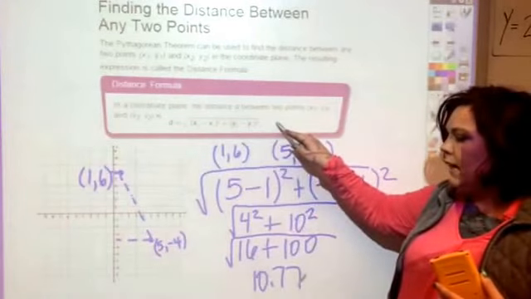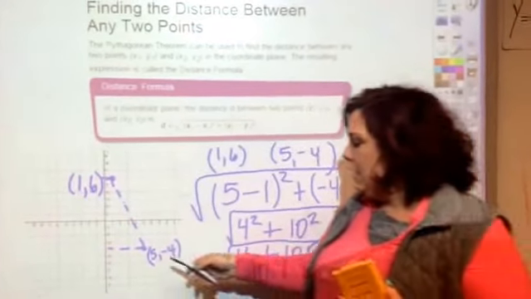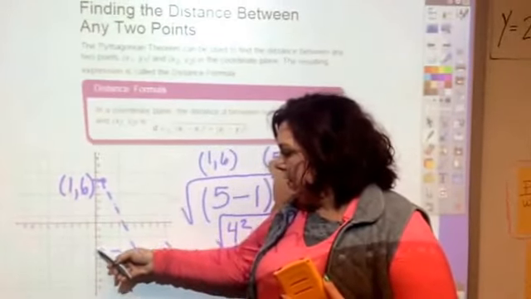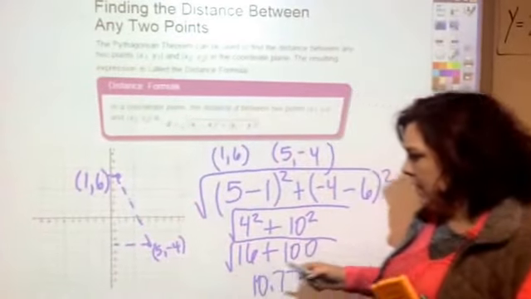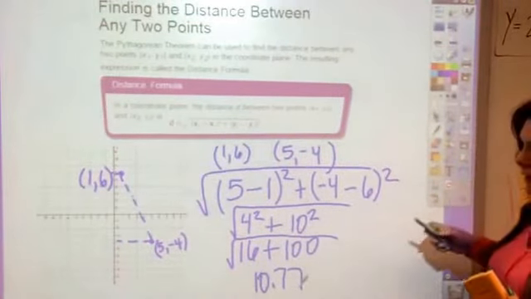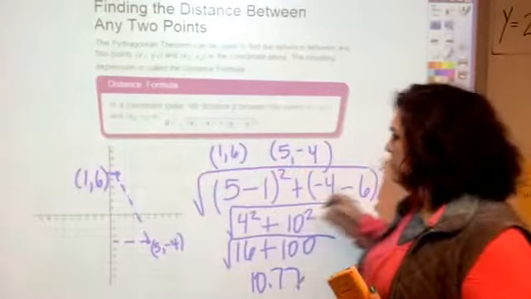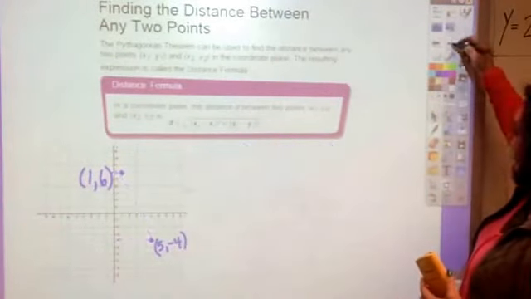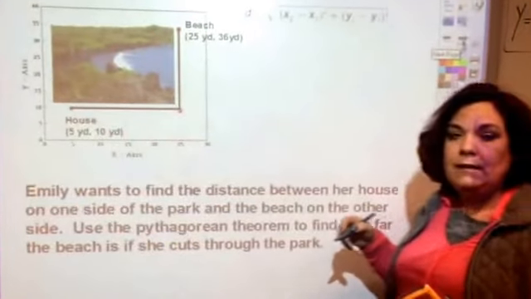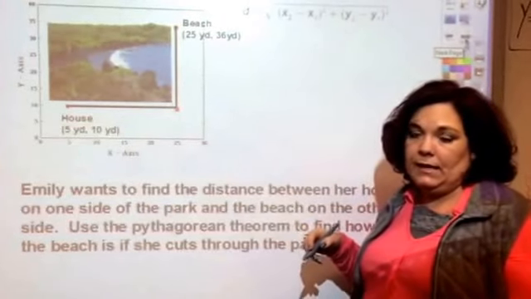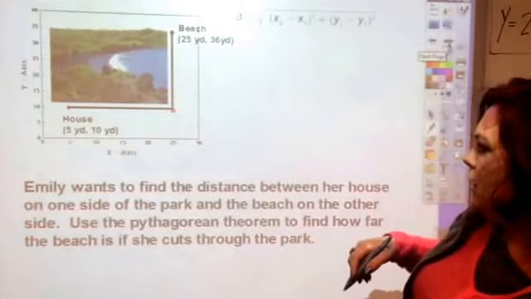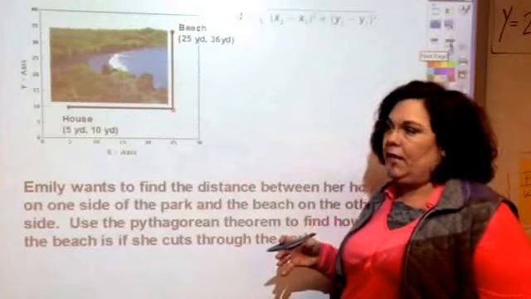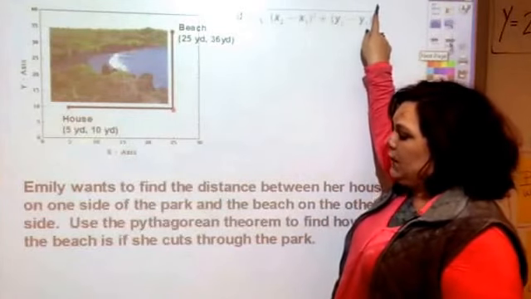So it's real nice to have this formula, but again, it is these squared and the square root. So you're going to be given some word problems with this, and the numbers could get kind of crazy, but it's still very manageable if you have your distance formula.